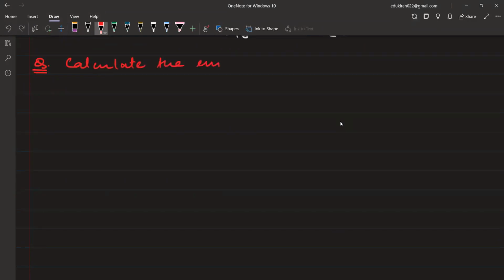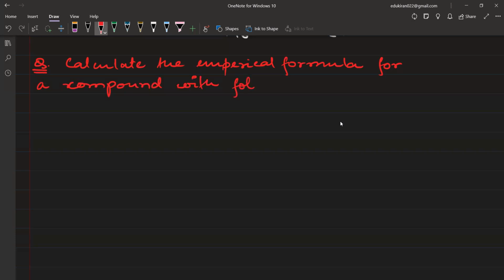Calculate the empirical formula for a compound with the following composition by mass.